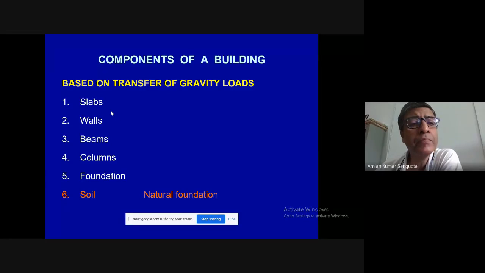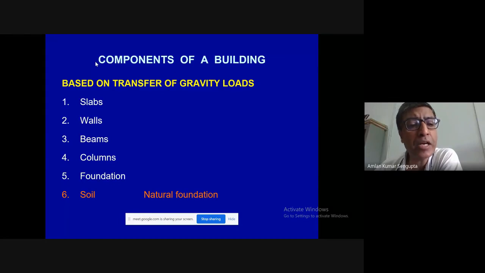Most of the pakka houses that we see in our country, there the slab directly rests on some masonry walls. However, for larger buildings, we go for a framed structure. Framed means it consists of beams and columns.